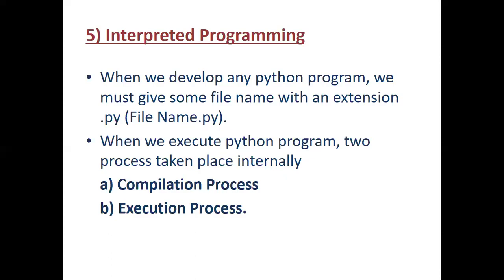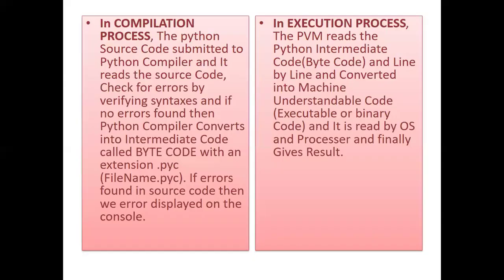What do we understand by the compilation process and the execution process? In the compilation process, the Python source code is submitted to the Python compiler and it reads the source code, checks for errors by verifying the syntax. If no error is found, the Python compiler converts it into intermediate code with the extension .pyc.